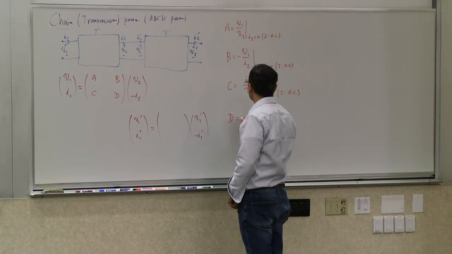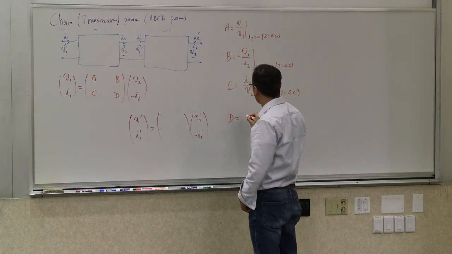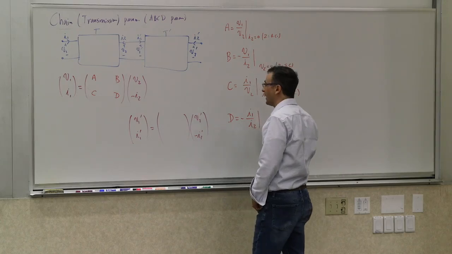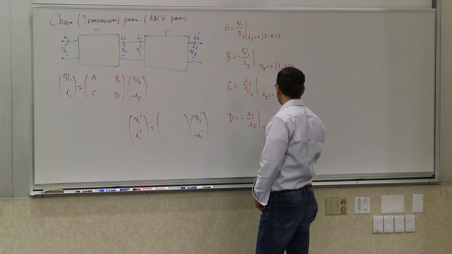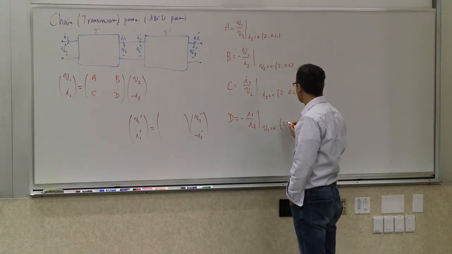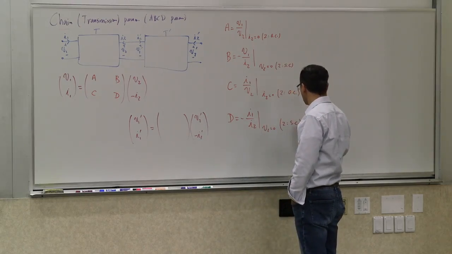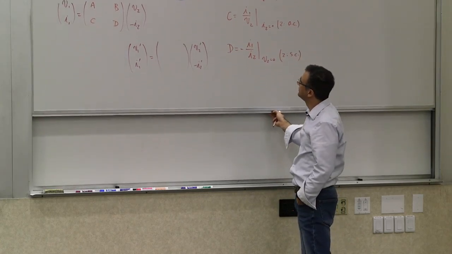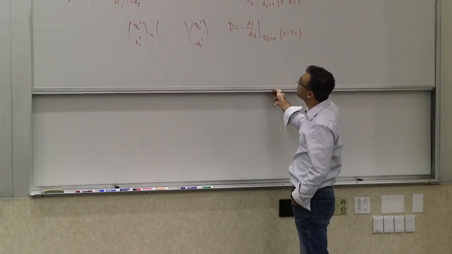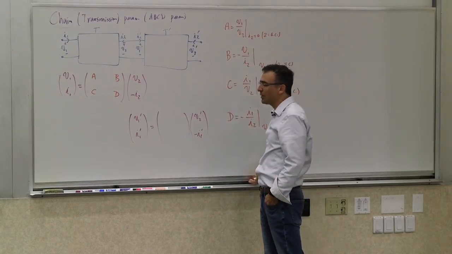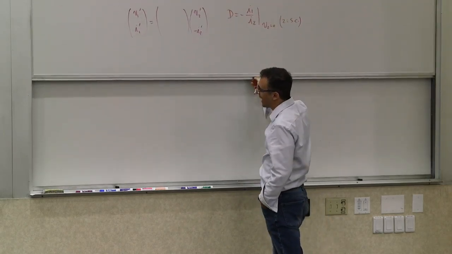And D, which would be the ratio of negative I1 over I2 when V2 is 0, basically means that you apply current I1, you short circuit port 2, and you look at the current through that, and you look at the inverse ratio. So this is actually pretty useful, because then it allows you to cascade them. So let's look at a couple of simple examples of this and see how we can use it.